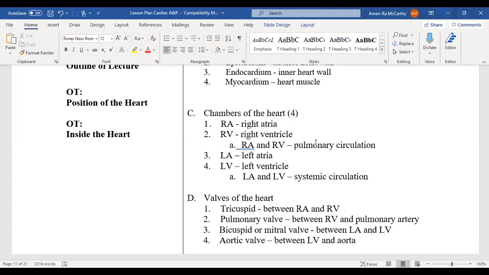Miss Judith, show us the tricuspid valve. Open them up. Where's the tricuspid valve? Right here. This is the tricuspid valve. Okay? The left atrium and the left ventricle is the tricuspid valve.